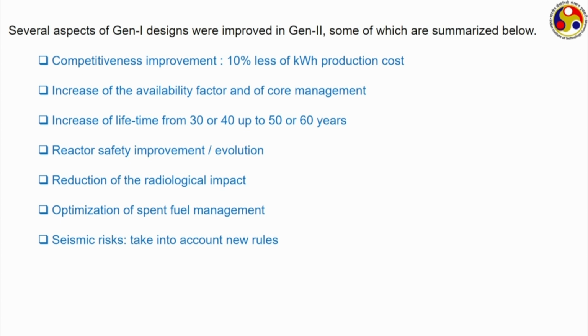Seismic risks: several of the nuclear plants are located in zones of high seismic activity, and the seismic risks were something that was taken into consideration only in generation 2, it was never considered in generation 1, because whenever there is any kind of earthquake, corresponding oscillations may significantly affect the stability, thermal hydraulic stability of a nuclear plant.